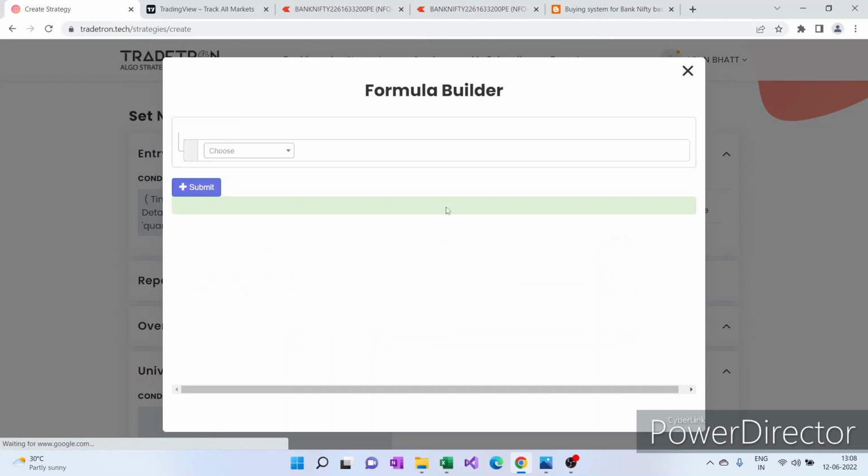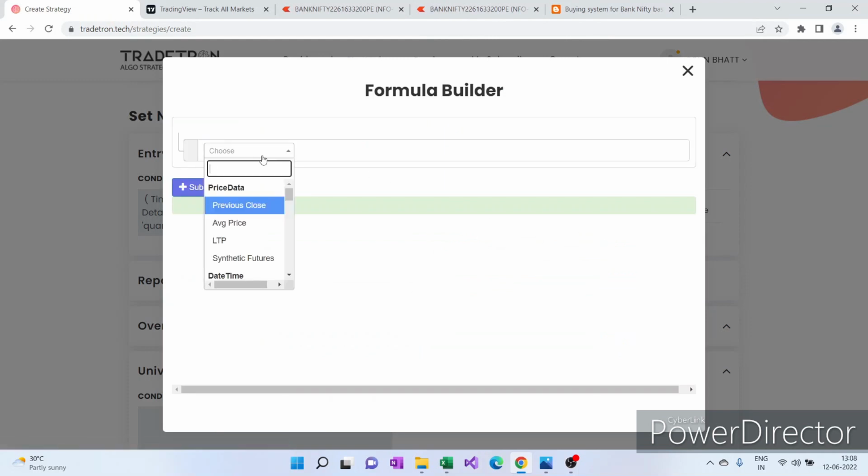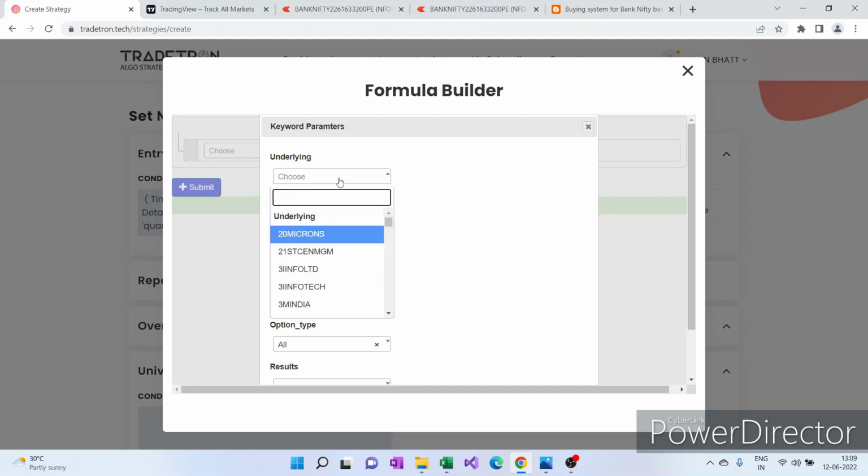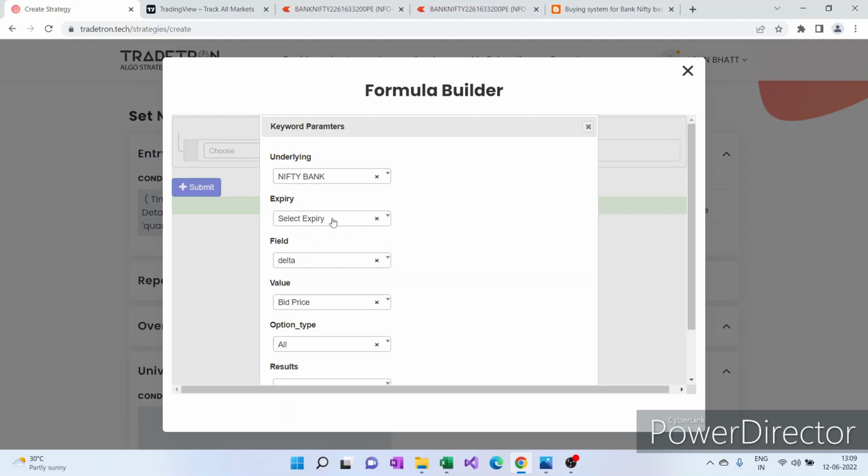So we'll be using a formula to get the C, which is trading near 50. There we have find strike; the find strike is the keyword. We'll be choosing Nifty Bank as underlying, and we have to select the expiry.